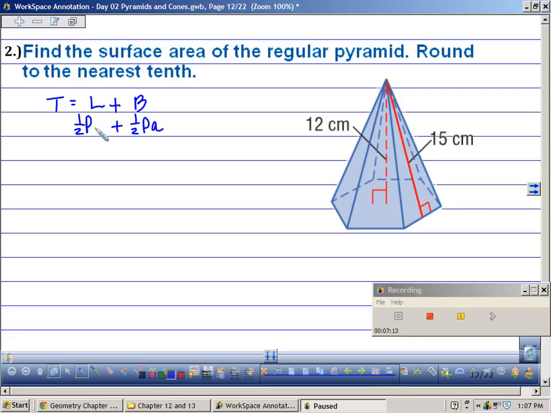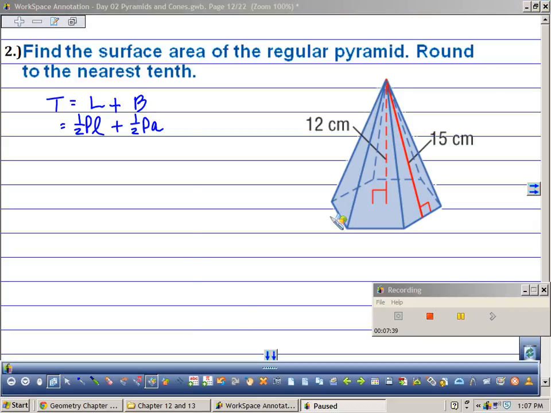Half the perimeter times the lateral side. Okay, so let's piece this together. Do we have any of these pieces of information? I do not. But they did give me this right triangle right here, right? So I'm going to start there. Start with my triangle.